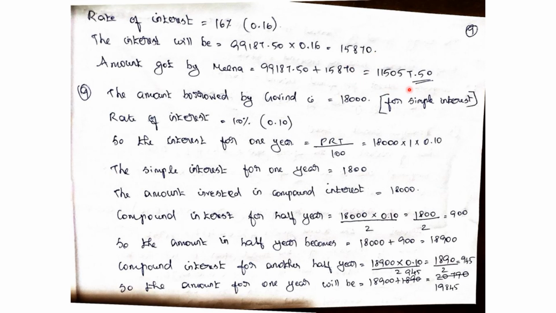So finally the amount got by Meenal is 1,15,057.50.